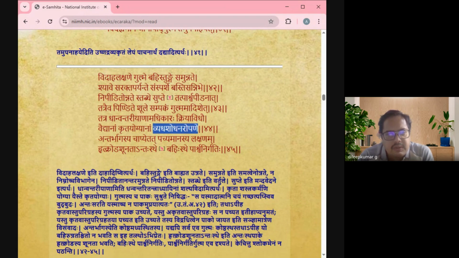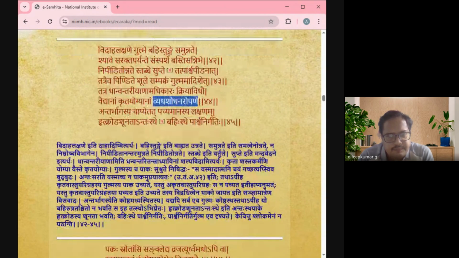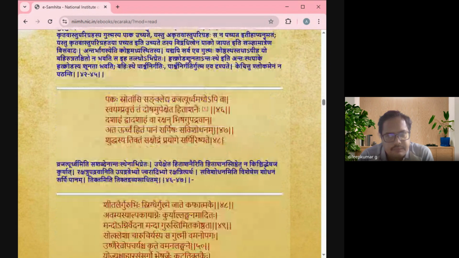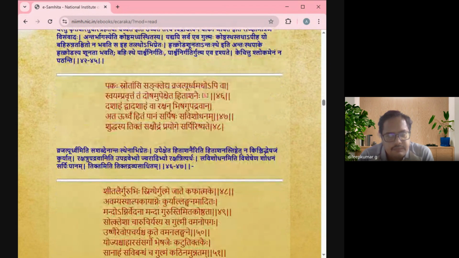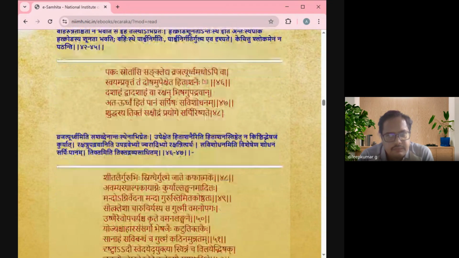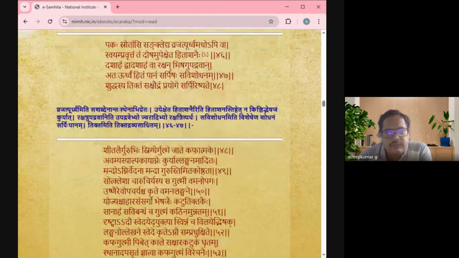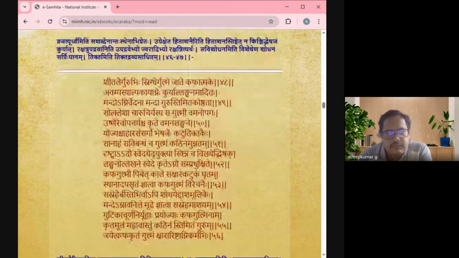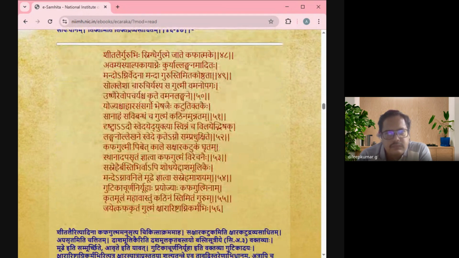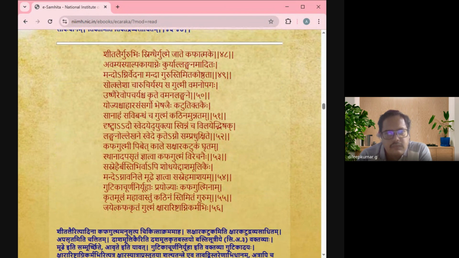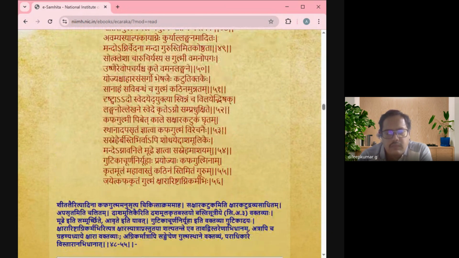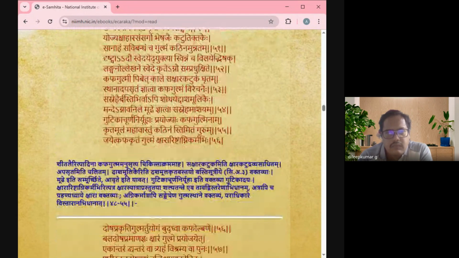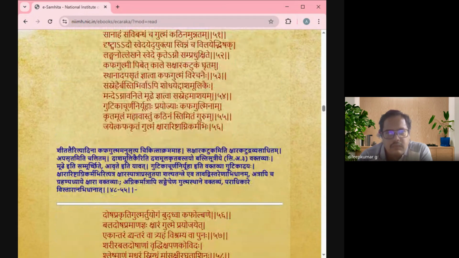So if it is very much related to skin or bahya, in Kafaja Gulma, benign nature Kafaja Gulma, Kale Sakshara Katukam Grutam.